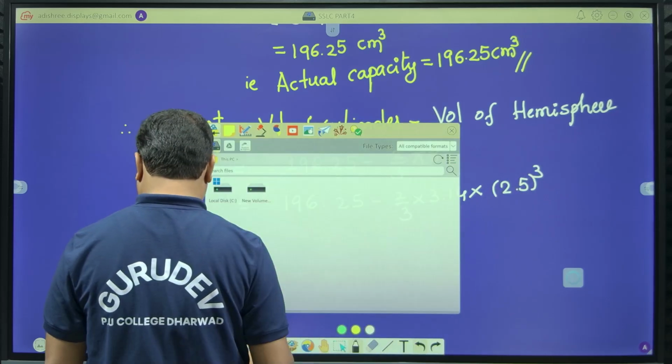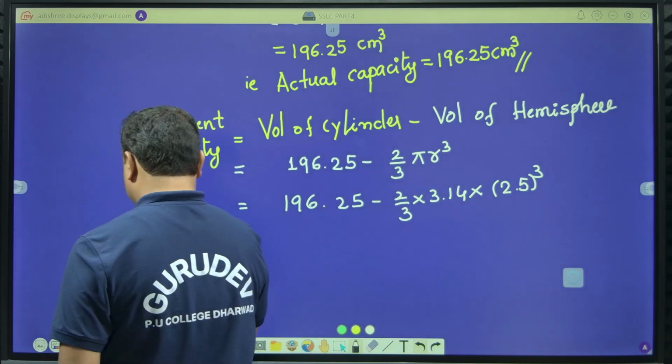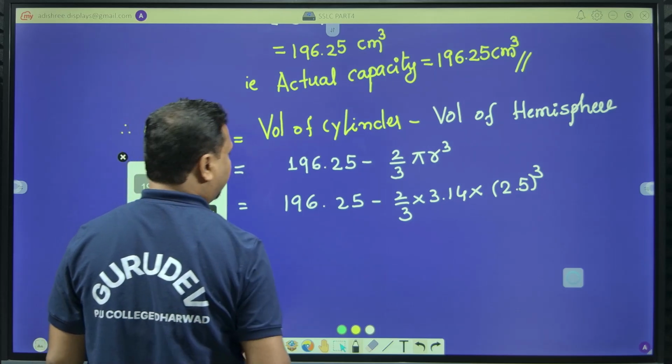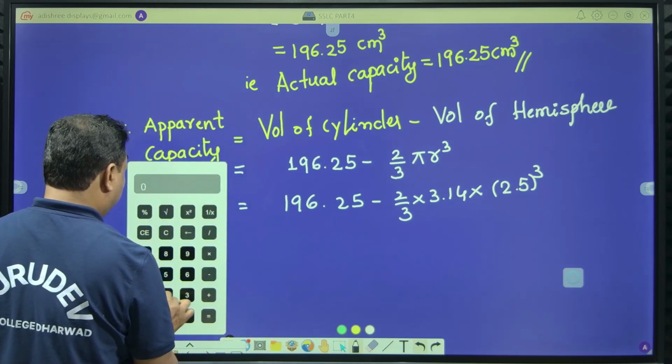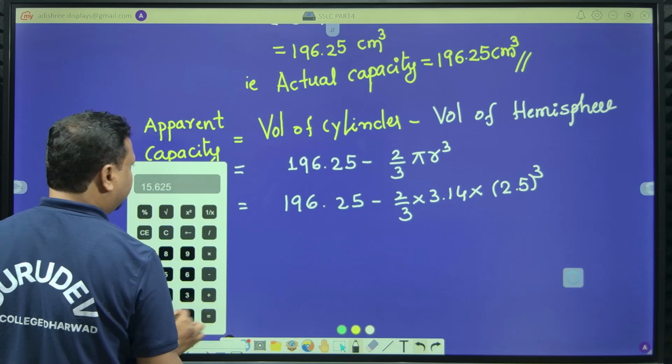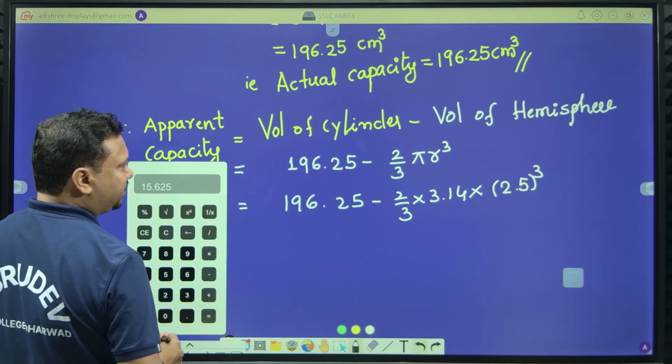So again, let me calculate. 2.5 into 2.5 into 2.5, what we get is 15.625.